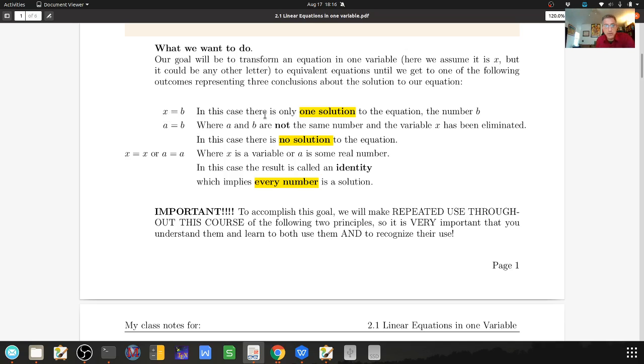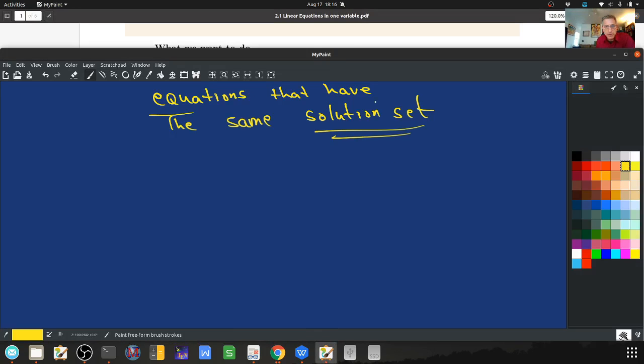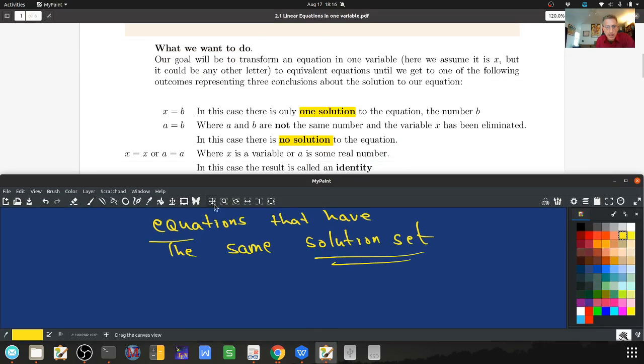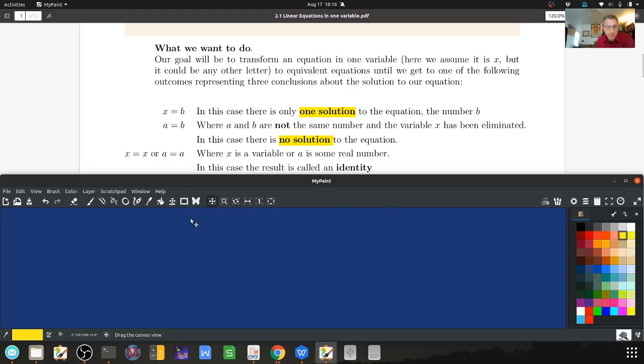In this case, there is only one solution to the equation, and that's the number b. The other possibility is... For the first, we just had an example, x is equal to 3. Just one solution. This is the solution set.